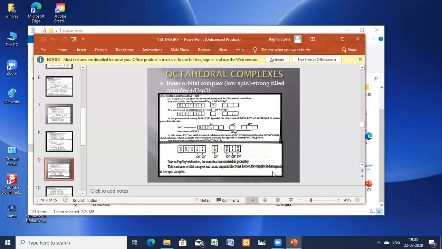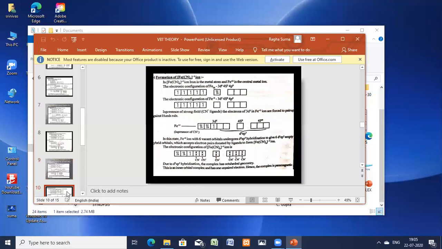Now, let us see one more example for the inner orbital complex. That is potassium ferricyanide. Previously, I told you [Fe(CN)6] minus 4; here it is minus 3. That is ferrocyanide, and this is ferricyanide. Now, in [Fe(CN)6] minus 3, the central metal atom is iron, with 6 cyanide ions.